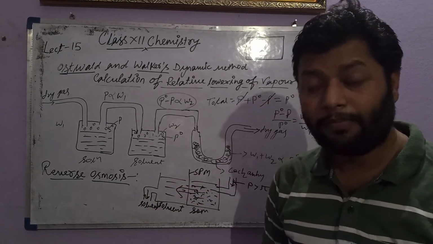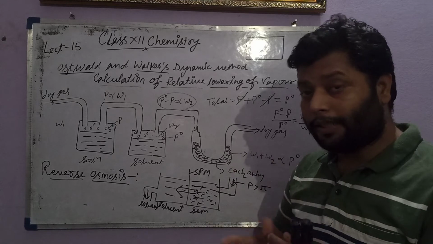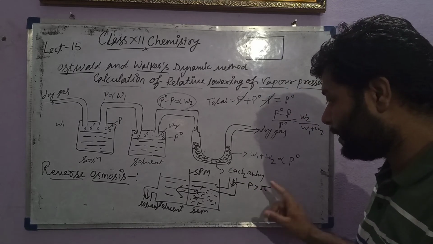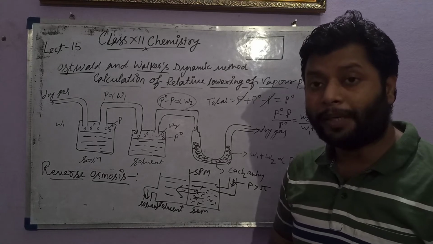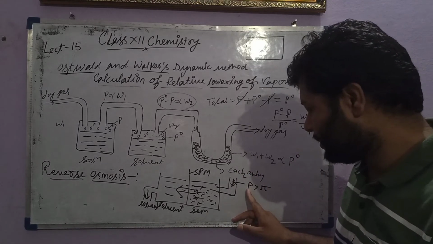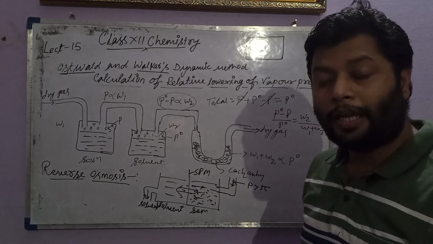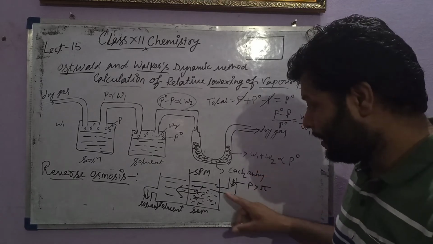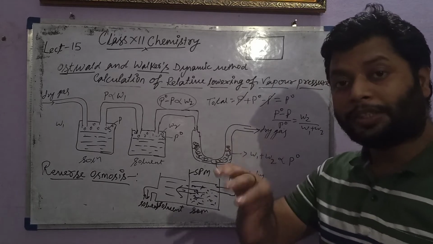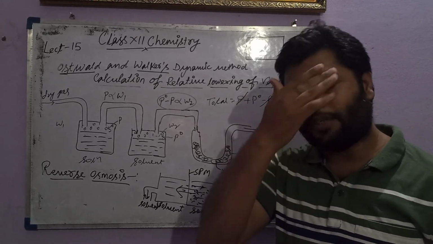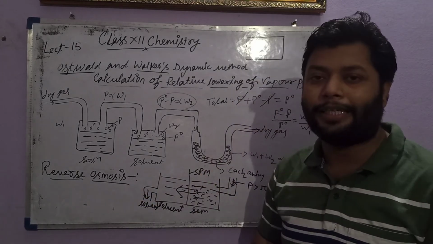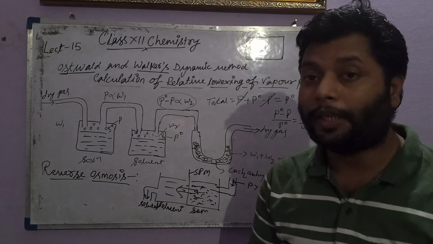This can be done only when we apply an external pressure greater than the osmotic pressure. So when the external pressure is greater than the osmotic pressure and we apply it on the solution side, the osmosis gets reversed and water always flows from the concentrated solution side to the diluted side, and water is coming out.